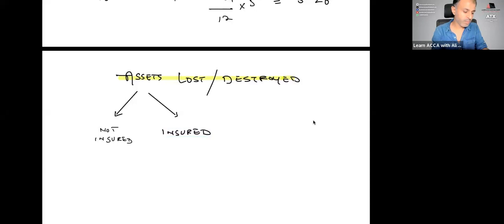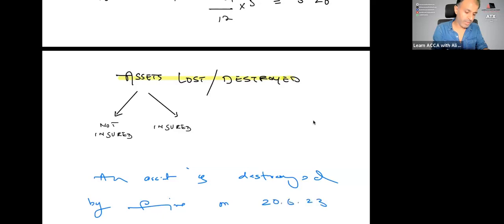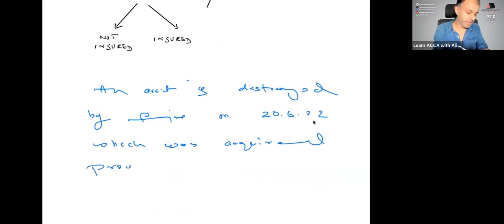So let's make one example down below. An asset is destroyed by fire on 20th of June 2022, which was acquired previously for about £5,000.